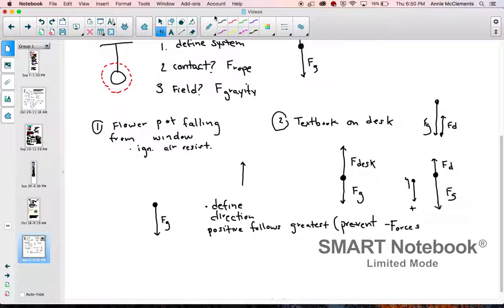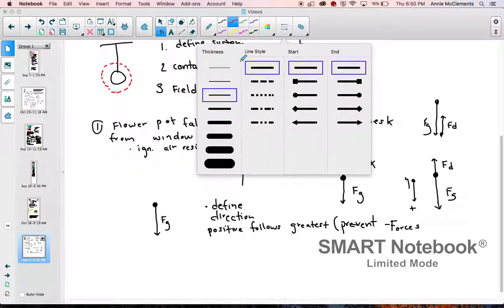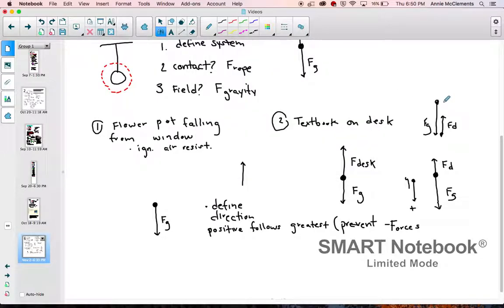The net force is the connecting vector that connects the tail of Fg to the head of Fd. So this red vector here is going to be Fnet, the net force. But we'll talk more about that next time. The goal of defining these axes is really to make sure that this Fnet isn't negative, because it's hard to think about a negative force. It doesn't really sound right.